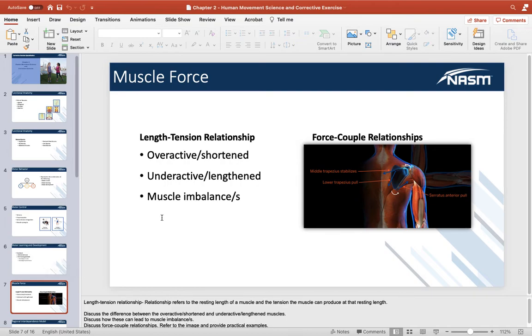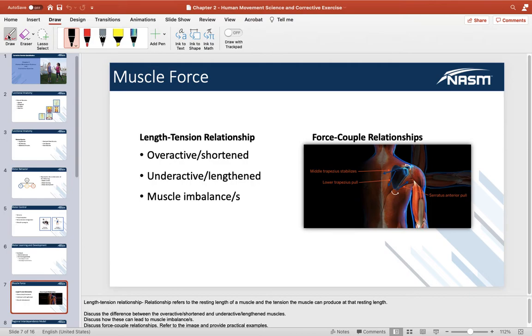If we look down here at muscle imbalances, what we're talking about is what's overactive and what's underactive.